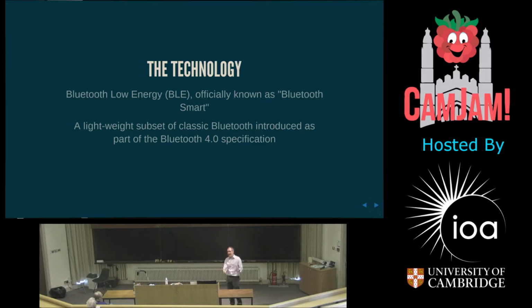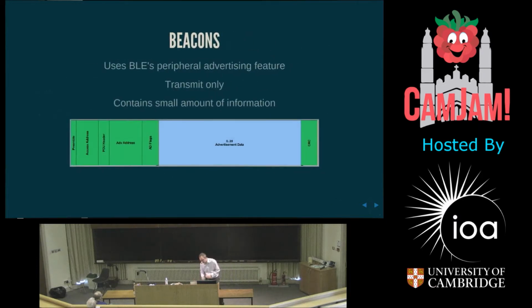The classic Bluetooth's still there, and if you pair headsets and do audio, it still uses that spec, but this is a slightly different spec. And part of that spec is the transmission only of very small bits of information. So this is what the packets look like. We don't really care about this.